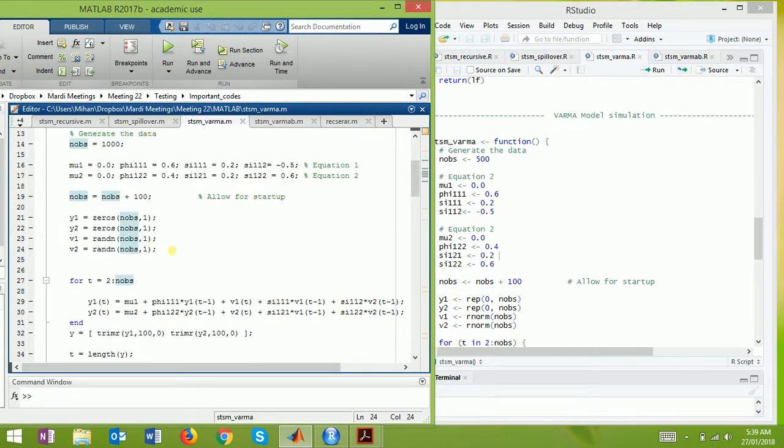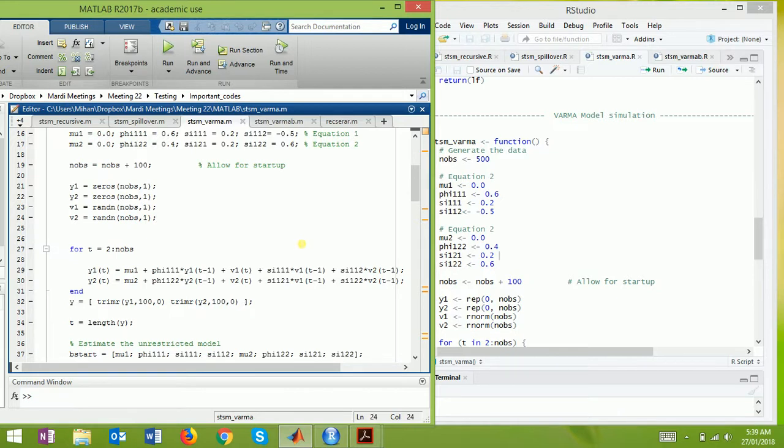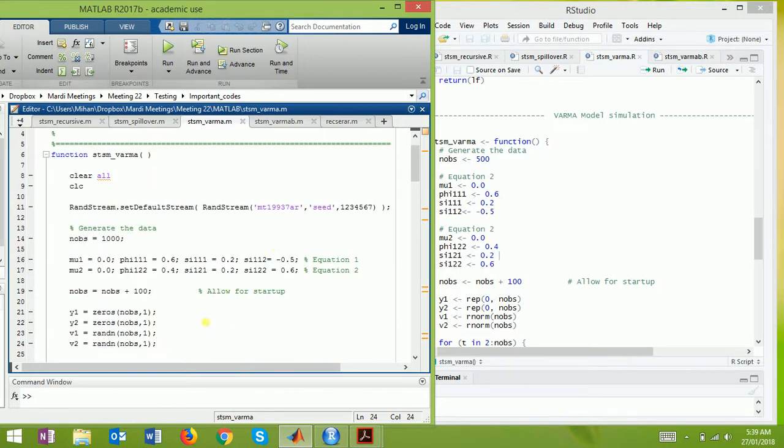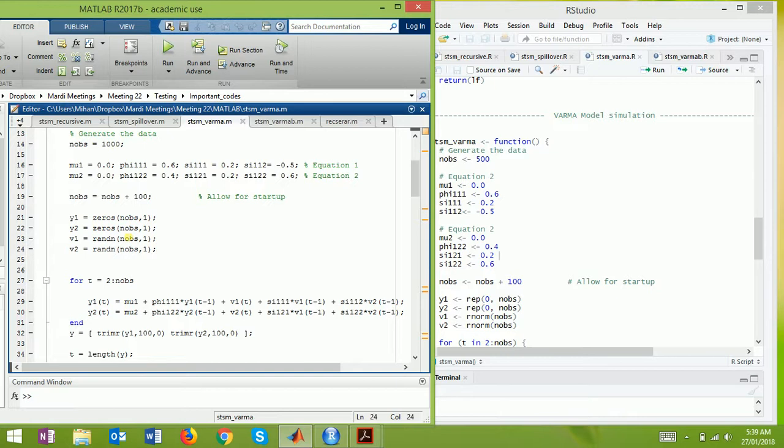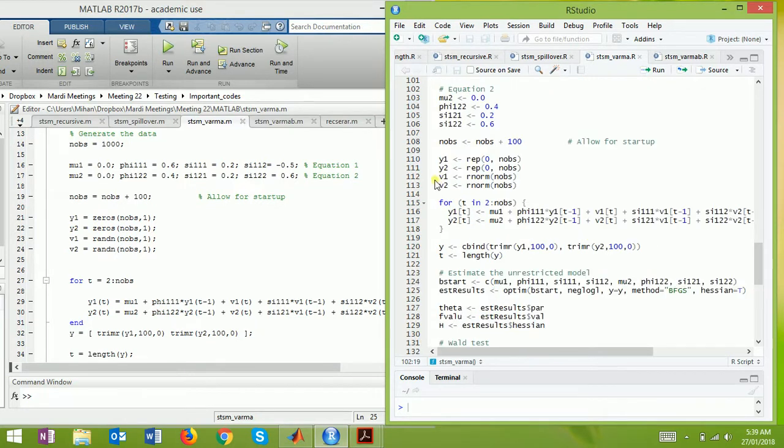Because this is a simulation, we have to simulate our data. So y1, y2 we will simulate here. So zeros, number of observations. So v1, v2 we create with random numbers, rndn, number of observations, randomly created.